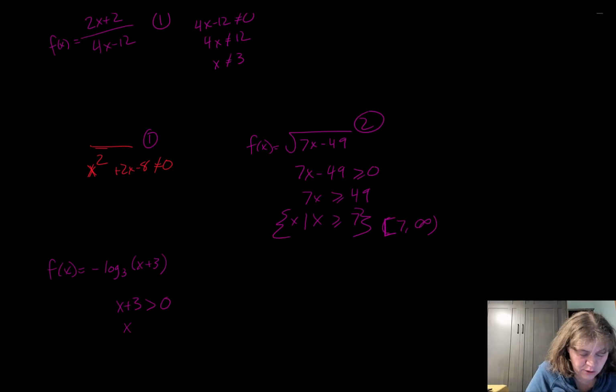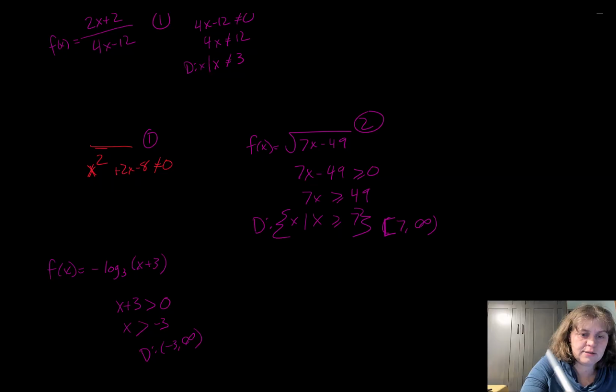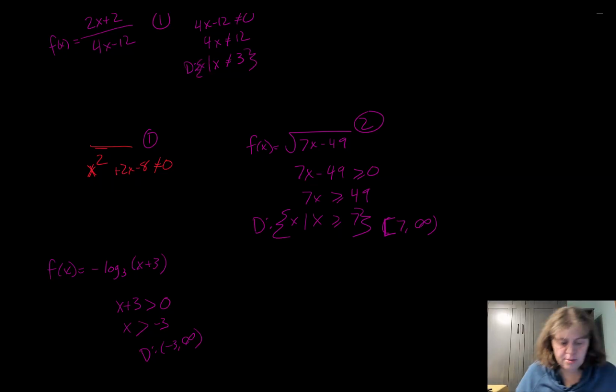We can't allow the log to be equal to 0. So we're just going to be greater than 0. So that means that I moved that -3. So I'm going to go from parenthesis -3 to infinity, and that's my domain for this one. All right, domain x such that, there, boom.